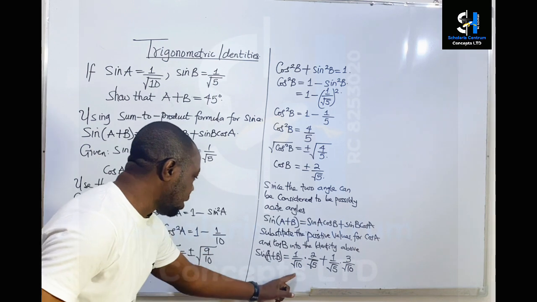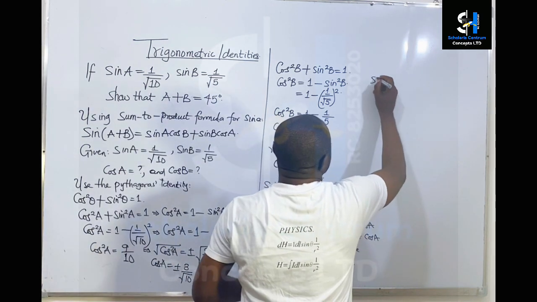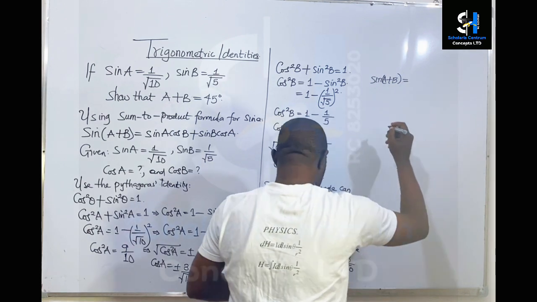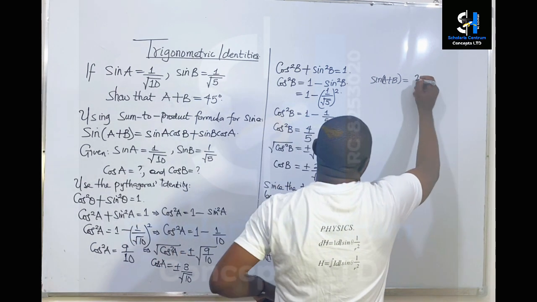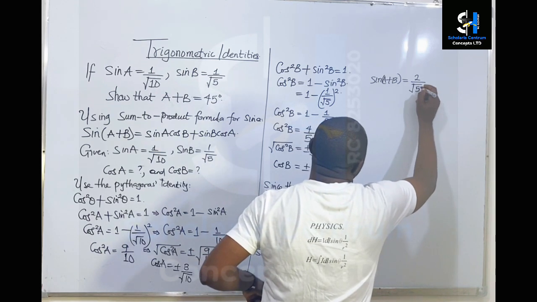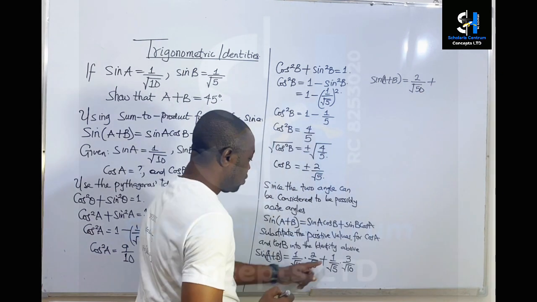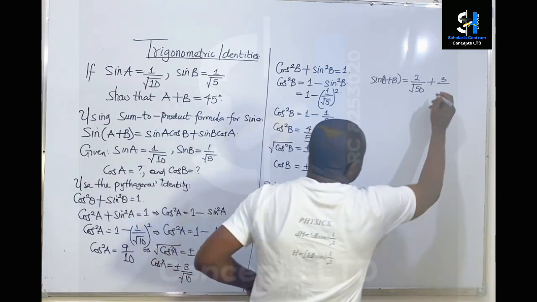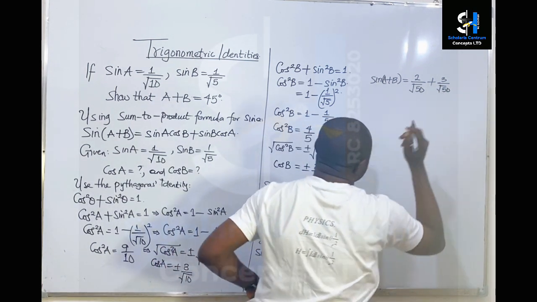Now multiplying this, that's our left hand side. So 2 times 1 will be 2, then root 5 times root 10 will be root 50, plus 1 times 3, that will be 3, then root 5 times root 10 will be root 50.